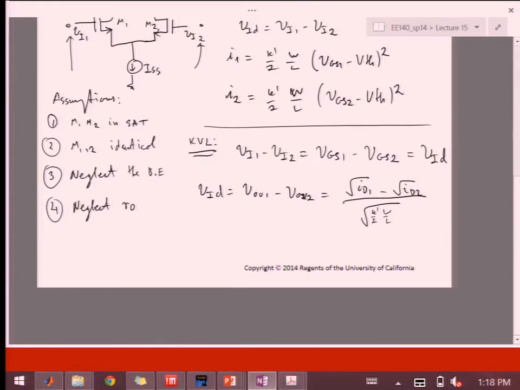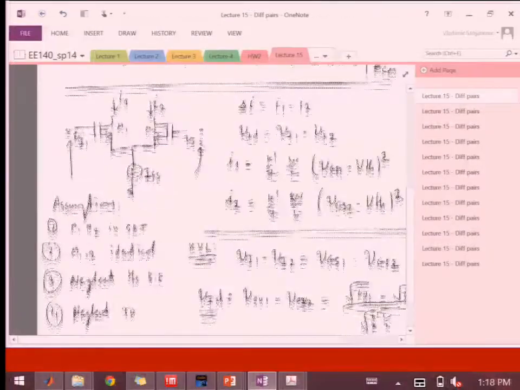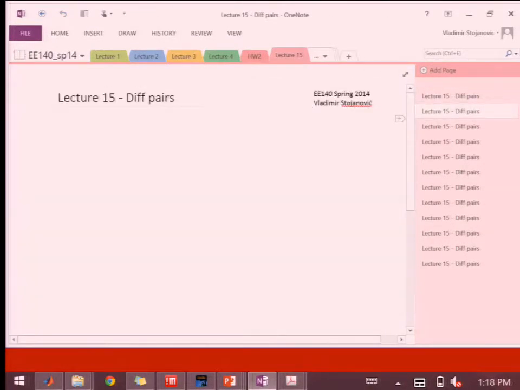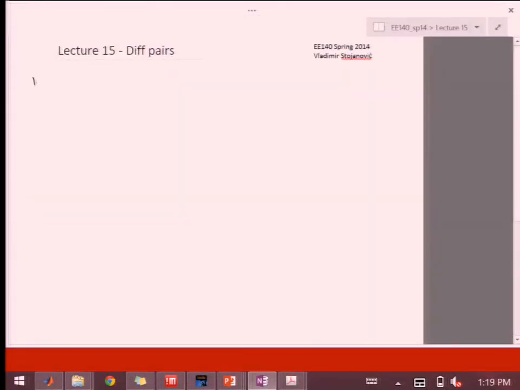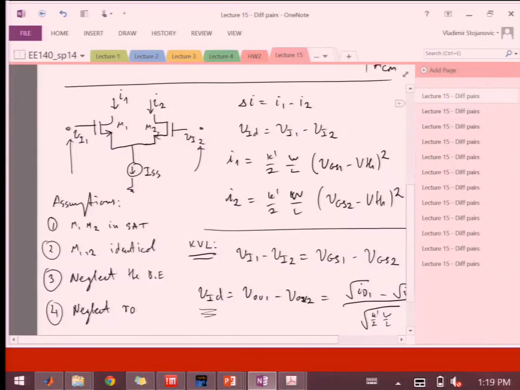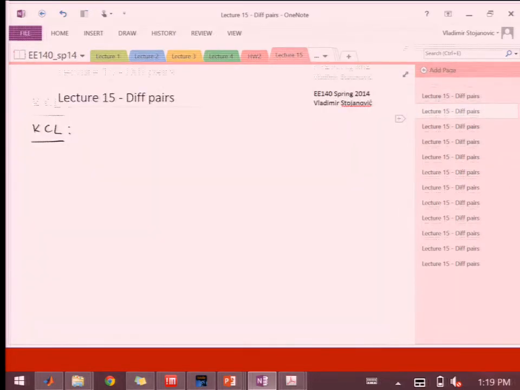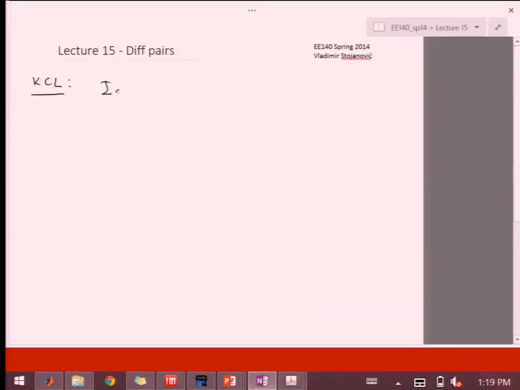Now, this relates the VID to the square roots of the currents. If I look at the KCL, it would again be I1, I2, and ISS. So the ISS has to be the sum of the two currents. So ISS has to be equal to I1 plus I2.